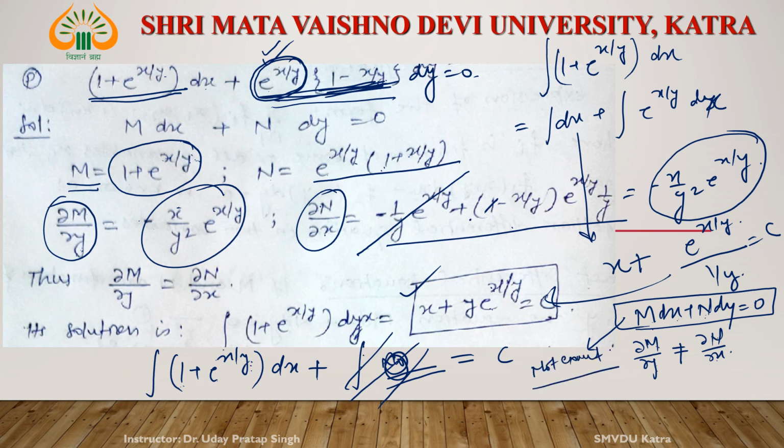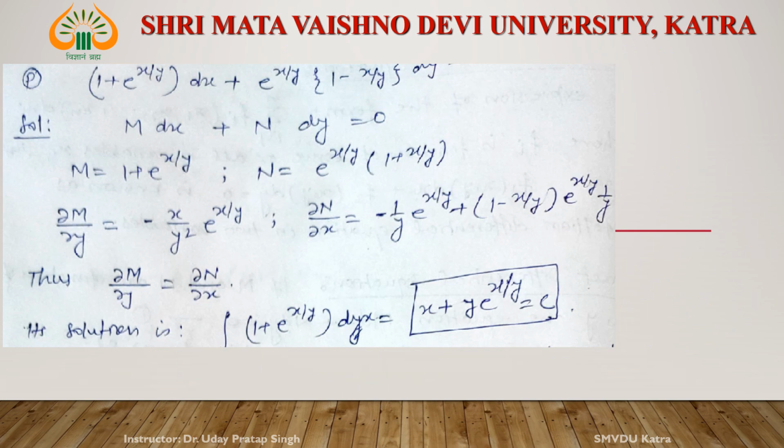So if this differential equation is not exact, can it be converted into exact form? Yes, it can be converted into exact form. How?